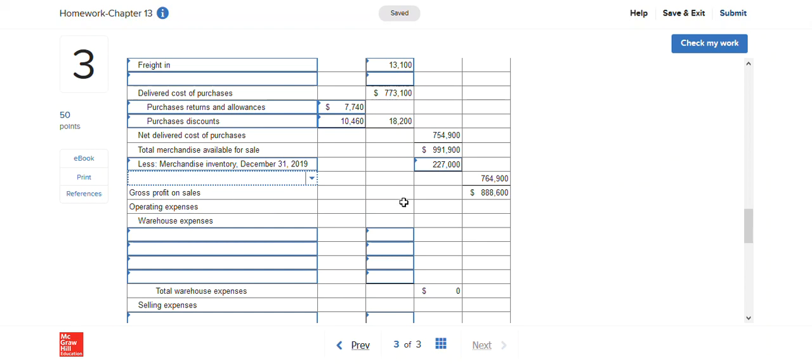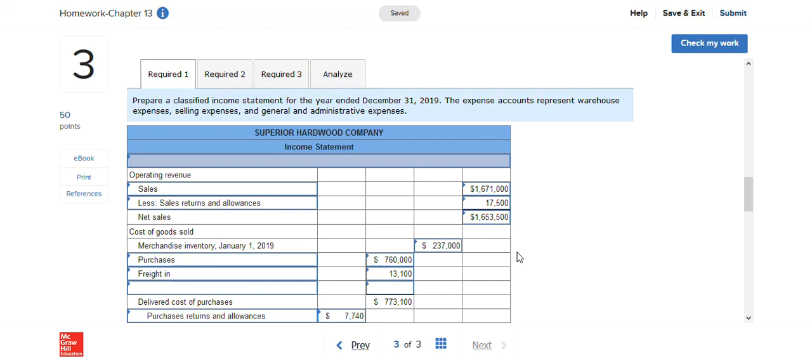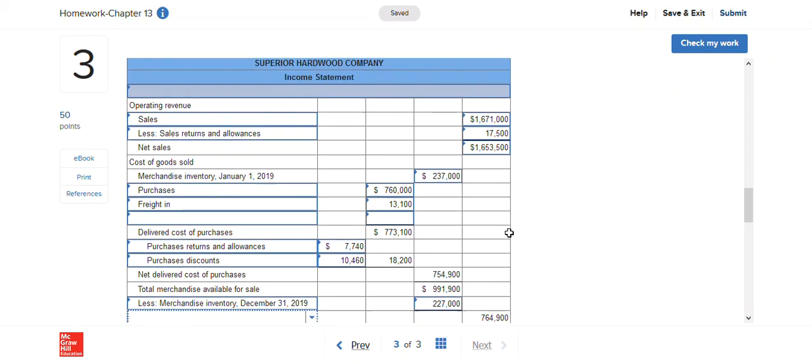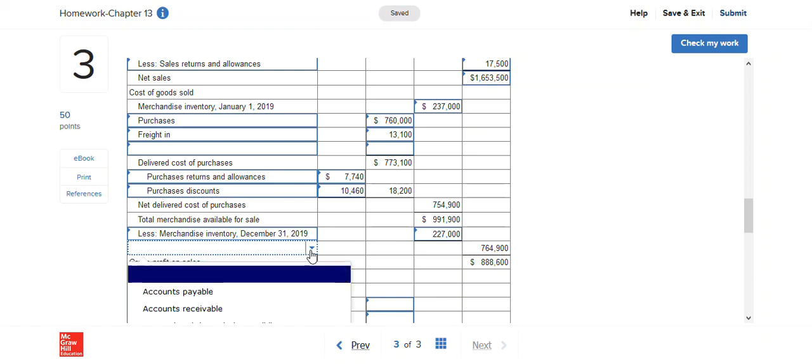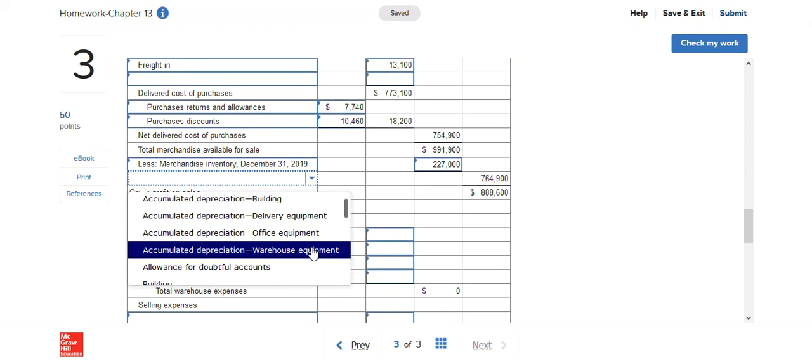All right, so there's our gross profit. And I think this blank should just be, actually is a blank. Well, let's see. Oh, there's our cost of goods sold.